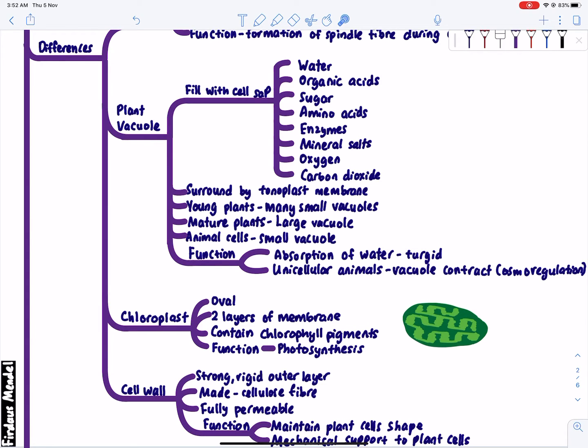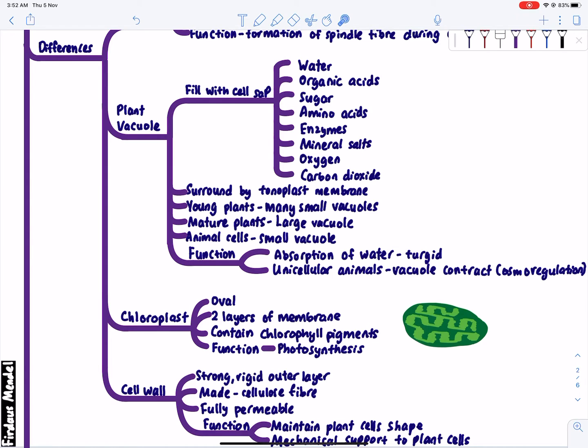That's the thing I don't agree with. But of course, you need to refer to the textbook. Whatever the condition, refer to the textbook and it will be much easier. Unicellular animals is the term used by the textbook, so I'm referring to the textbook.